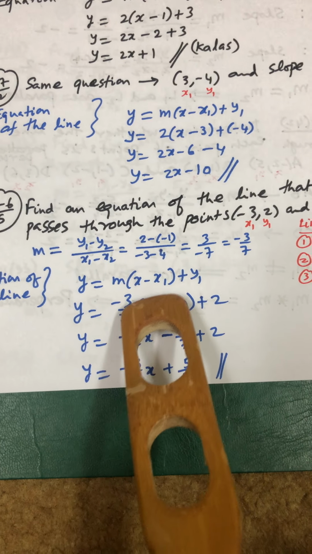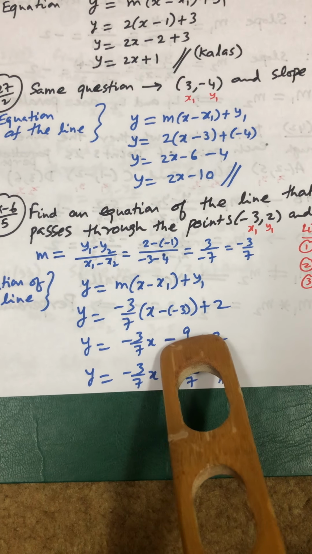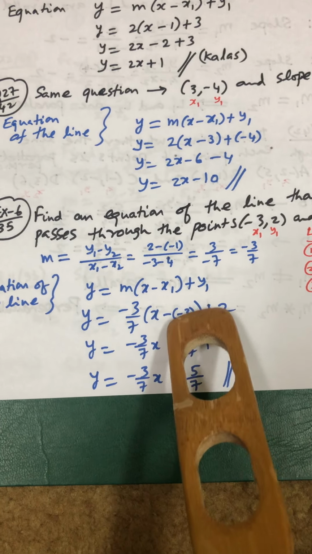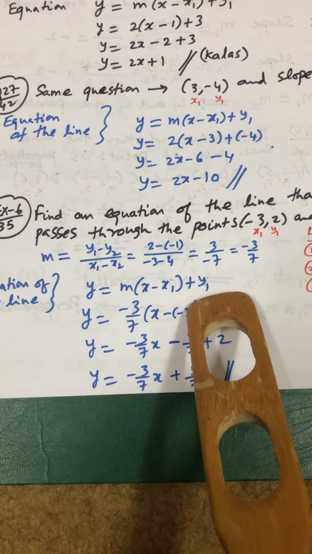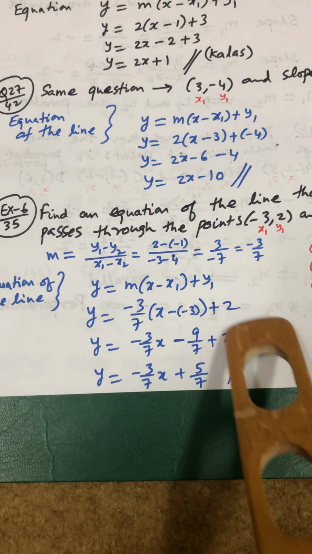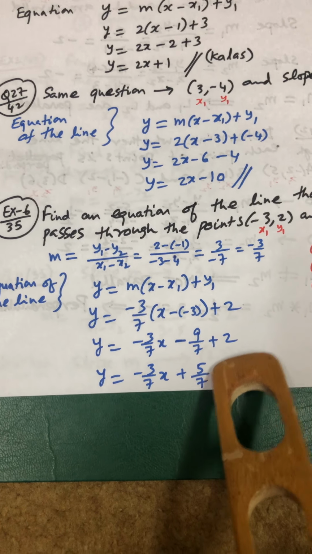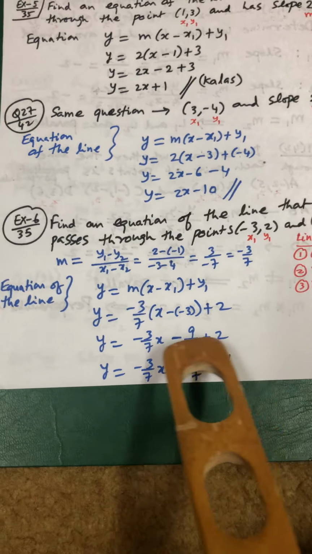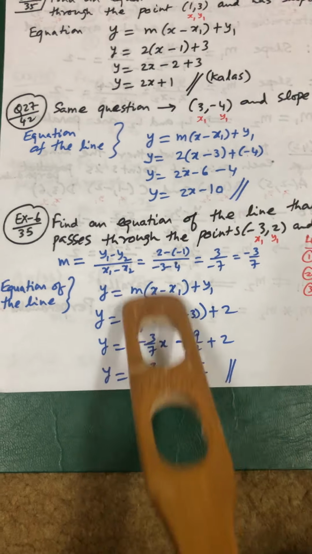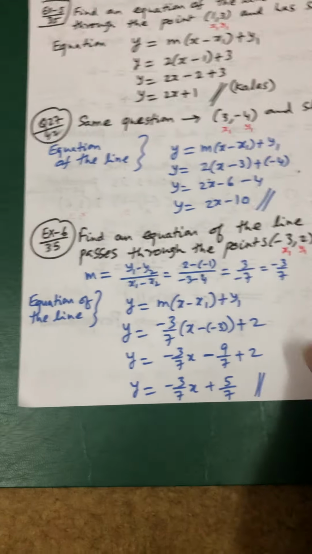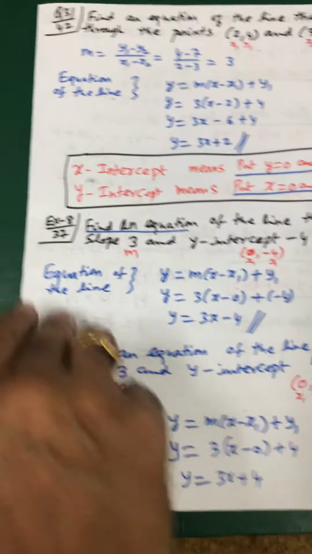Now multiply: y is equal to minus 3 over 7 x. Minus multiply minus is plus, 3 multiply 3 is 9 over 7 plus 2. Here you use a calculator, you get 5 over 7. So in the equation of the straight line, x and y will remain as they are, and on simplification you get this. So let us see the next problem.